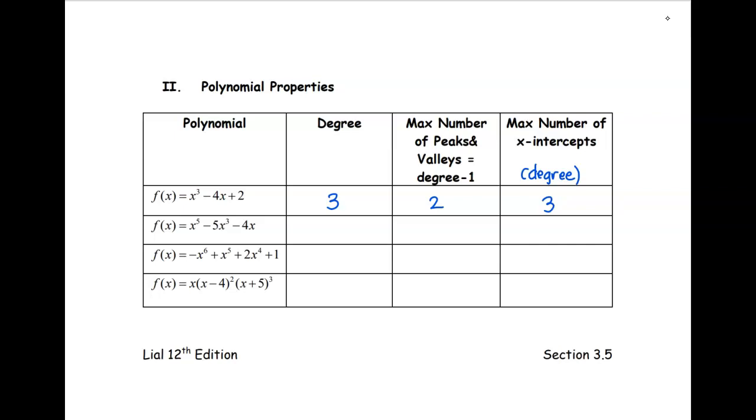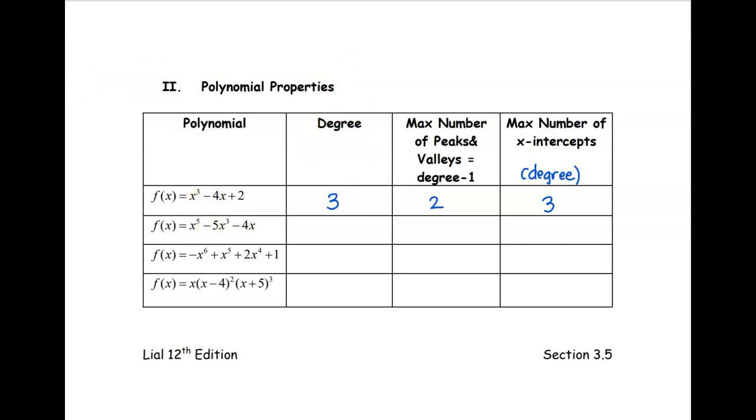Or you could also have 1 if the vertex of the parabola is on the x-axis. So that means that the maximum number of x-intercepts is equal to the degree of the polynomial.